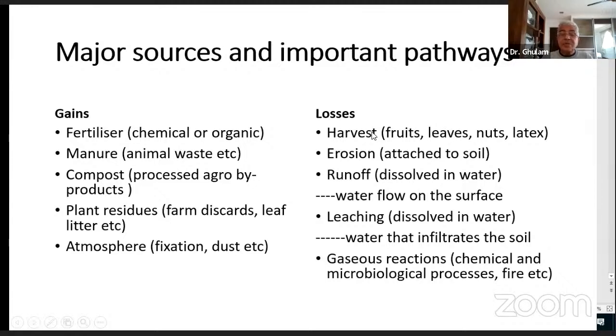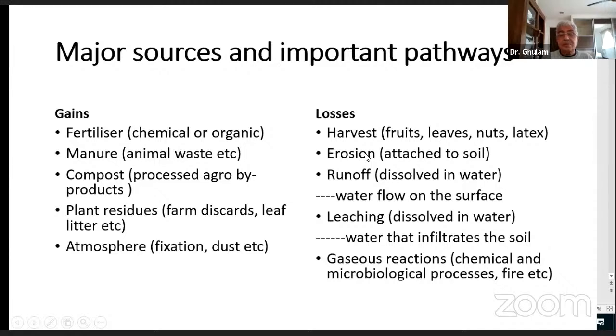And in this way, you are actually taking out the nutrients from the system, because the nutrients that were initially taken up by the roots to the tree or the plant, quite a substantial amount of it goes into making the fruits and the leaves and the nuts or whatever that you intend to harvest. So that is a major loss.